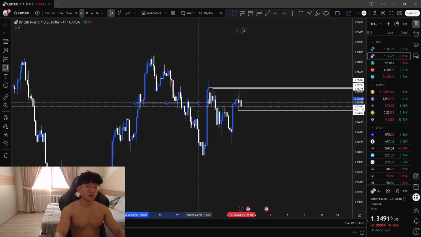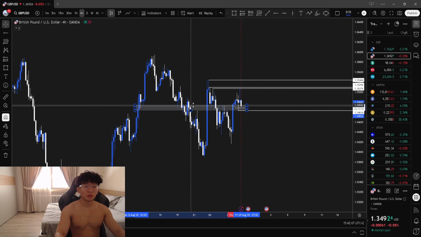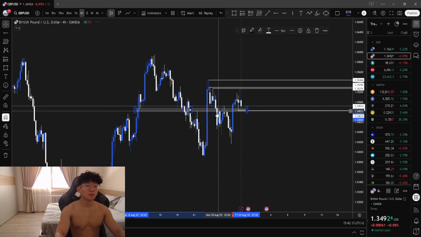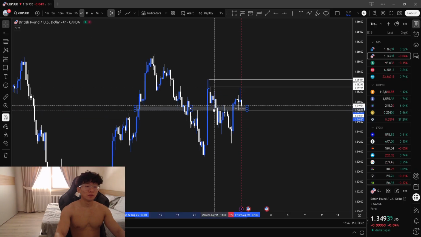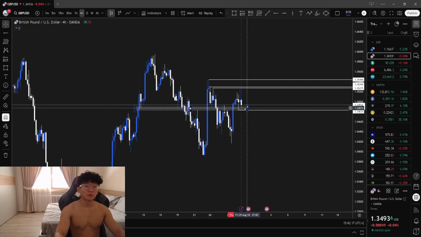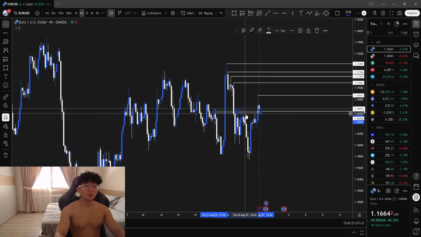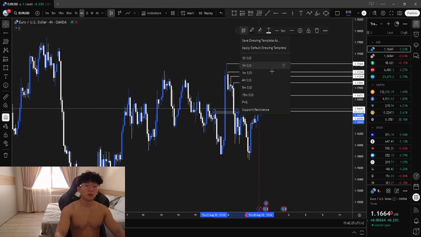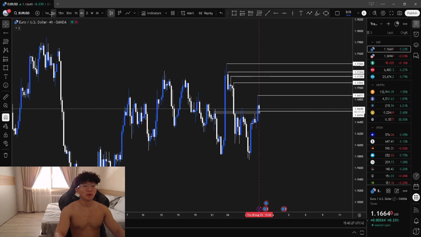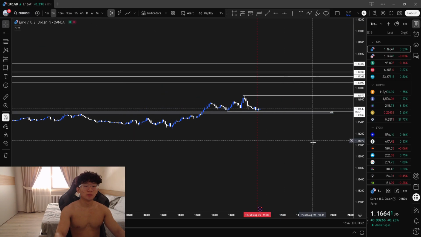No, a strong support level on GBP USD too on the 4 hourly. Actually Euro USD too. So yeah.